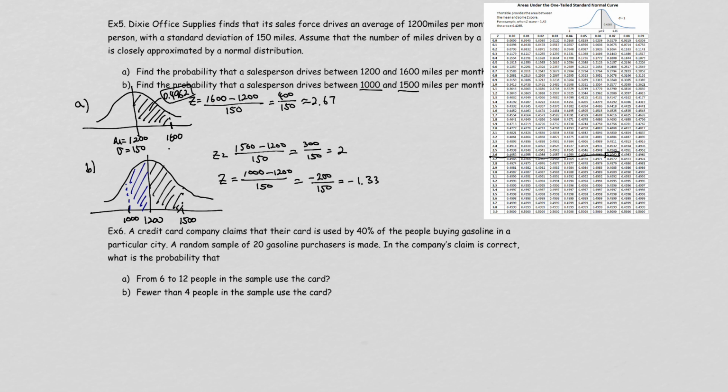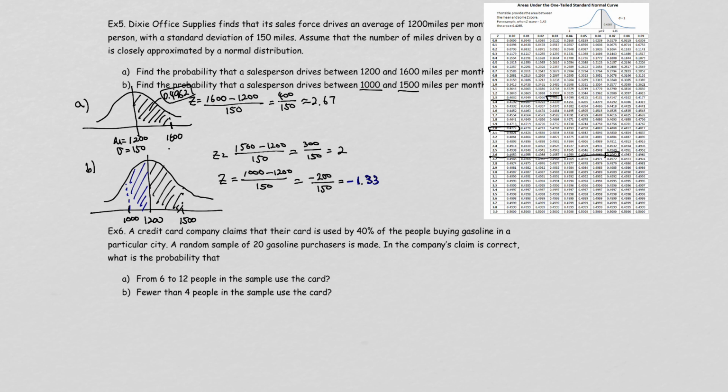So that will be the same z-value area. The 2 will give me, where's the 2? This area, 0.4773. And 1.33 is this number right here, which will give me 0.4082.